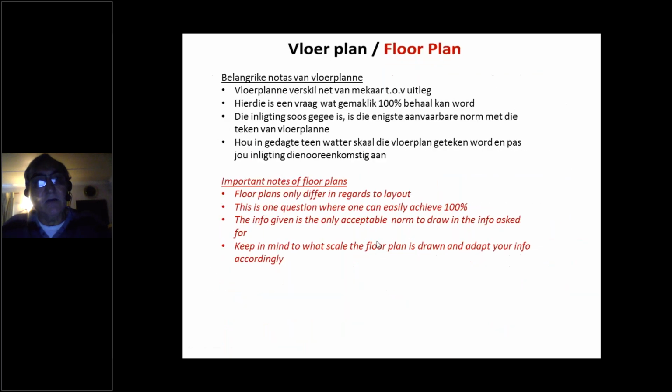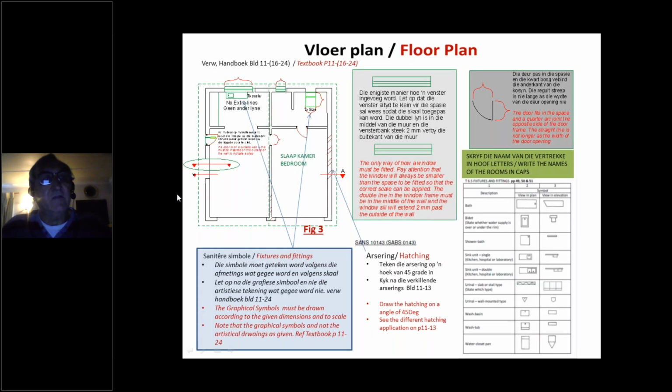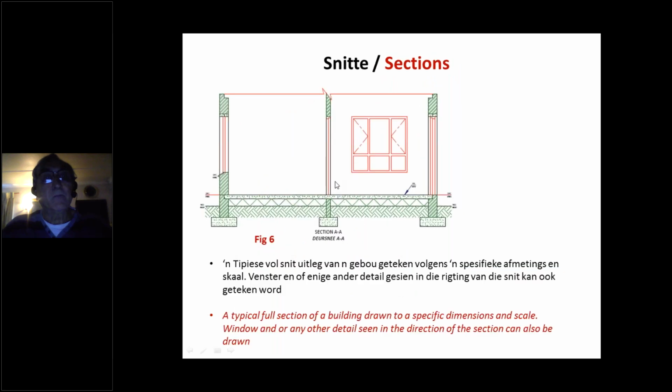Now, go back to the section. There's the full section. Now, you see that the arrow is showing in this direction and this direction. So that is the openings that you'll see. You won't see that detail, but the detail to that. Now, again, you see when I put in a window, I omitted that specifically now.